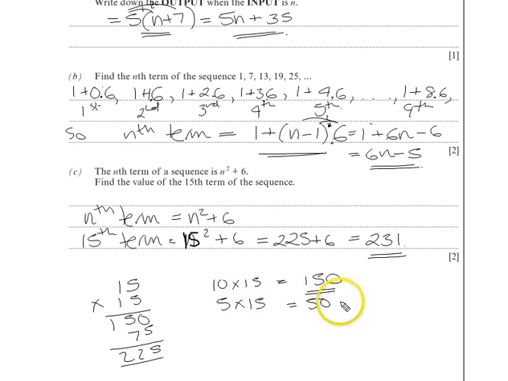And then another 5 lots of 5, isn't it? 25, 75. And then you add the 150 and the 75, you get 225. Yeah, so 15 15s then, times 15 will equal, when you add them up, 225. Okay, so there's a number of ways to get 225, or you just know that 15 squared is 225. So that squared is that, add 6 to that, you get 231.